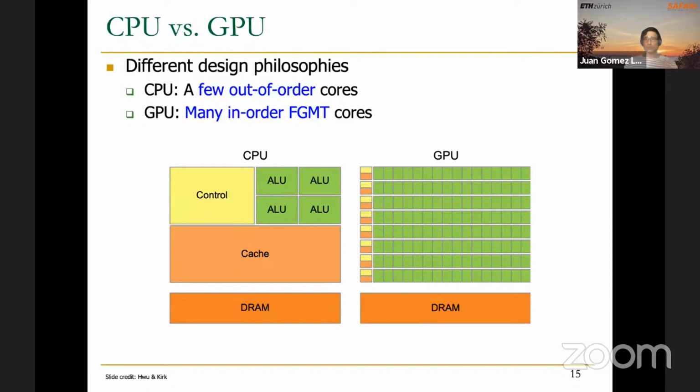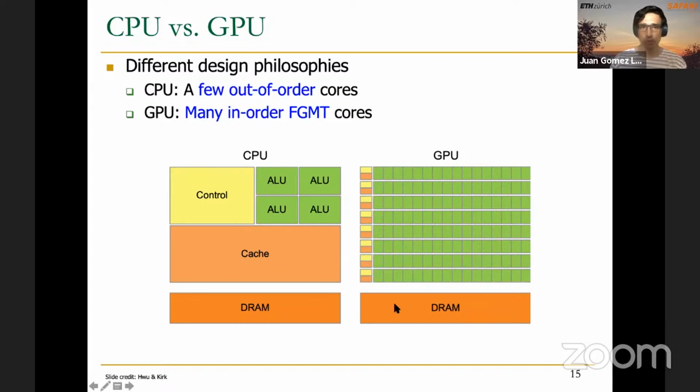Okay, you already know what a GPU is internally, but I always like to show this slide when I start talking about GPU programming, because here we see, in a very simple way, how different CPUs and GPUs are, because essentially the die area is spent on different purposes.